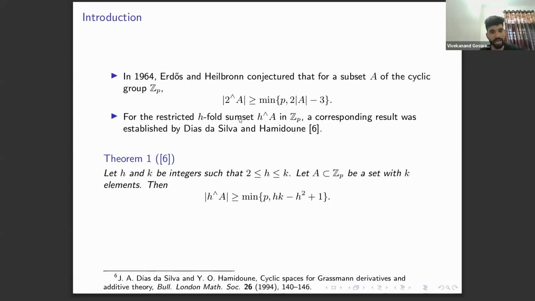In 1964, Erdős and Heilbronn conjectured that for a subset A of a finite cyclic group of prime order p, the cardinality of 2 hat A is greater than or equal to the minimum of p and 2 times the cardinality of A minus 3.